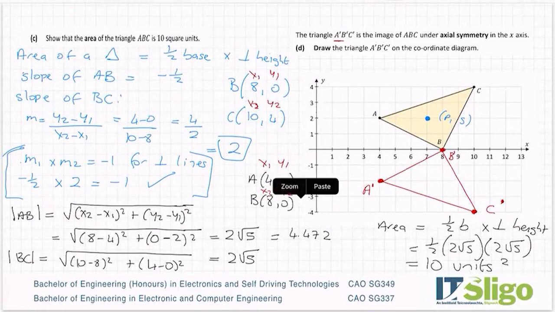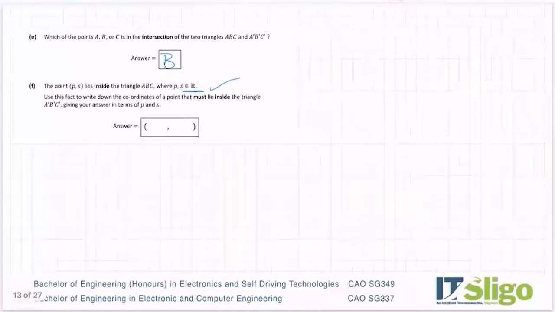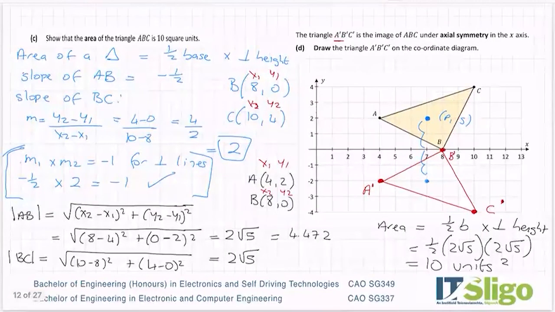Well, I'm thinking that if I pick the point 2, 3, 4, this point here, which is p dash, s dash, won't that fit inside A dash, B dash, C dash? I wonder, is that what they're asking? That's my explanation of it.